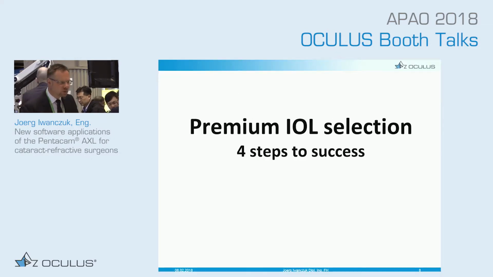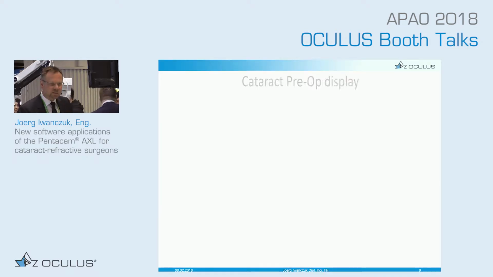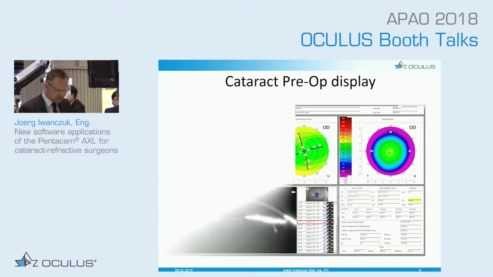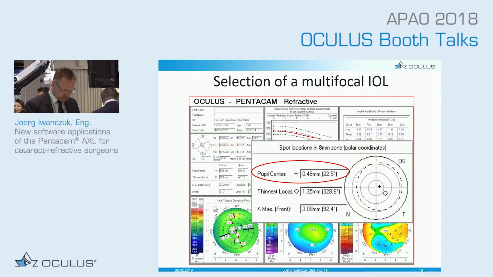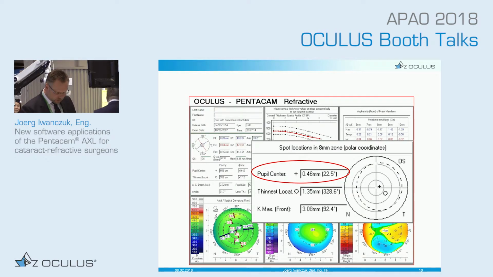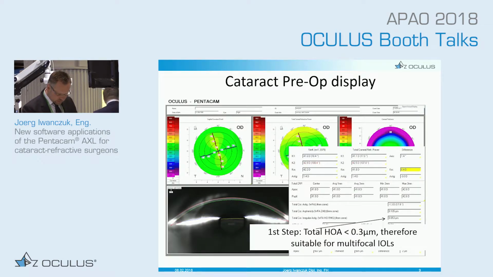Okay, coming now to the 4 steps how to select the best IOL for that patient. It's in the Cataract Pre-Op display. And we developed this display together with Professor Maeda from Japan. So step number 1 is you look here to the high order aberrations. These are the total high order aberrations.